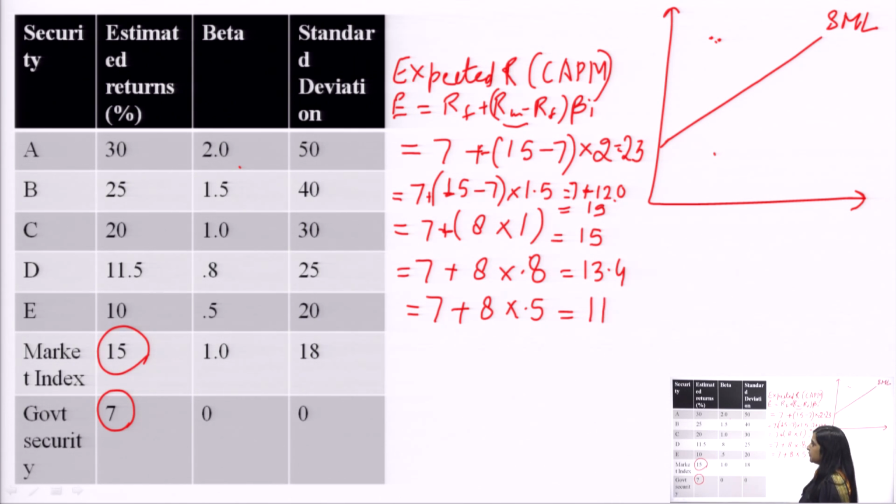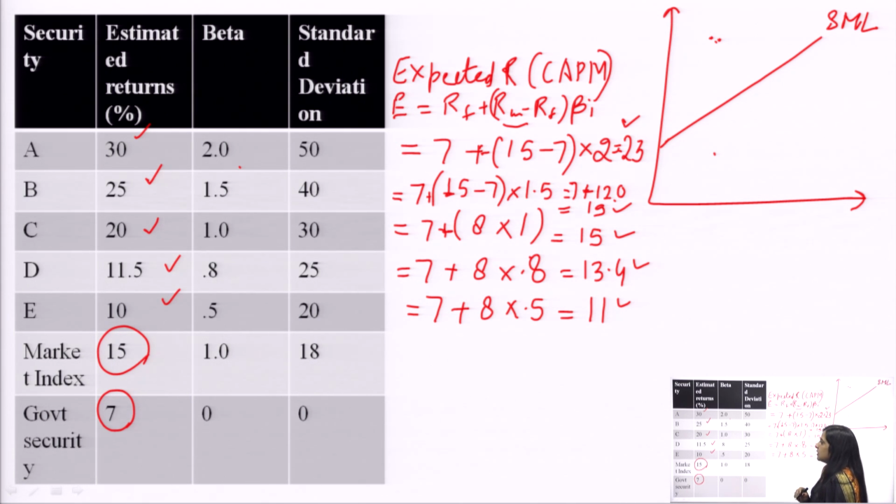Now, we have to compare these two things: 30 and 23, 25 and 19, 20 and 15, 11.5 and 13.4, 10 and 11.